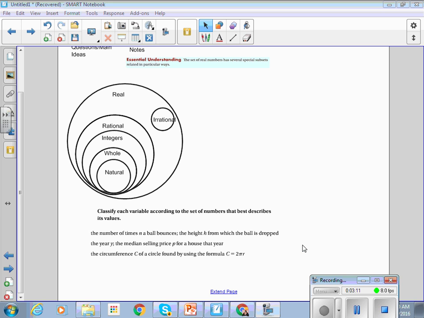Yeah, because before I start the experiment, we're at 0. So whole numbers also make sense. Integers: does it make sense that a ball bounces a positive or negative whole number of times? No, you can't bounce a ball -5 times. So we get stuck right here at whole numbers.